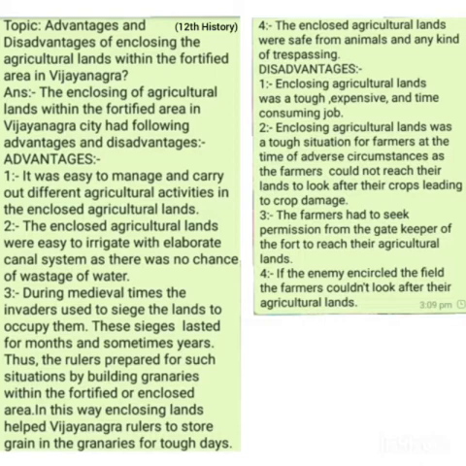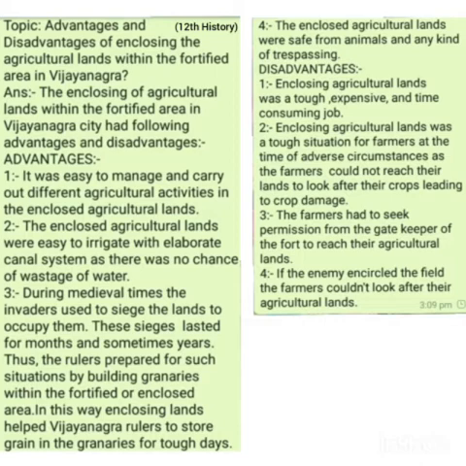And these fortifications enclosed the agricultural lands where crops were cultivated. So we mean to say that within the fortified area of the city, the agricultural lands were also enclosed in this area.